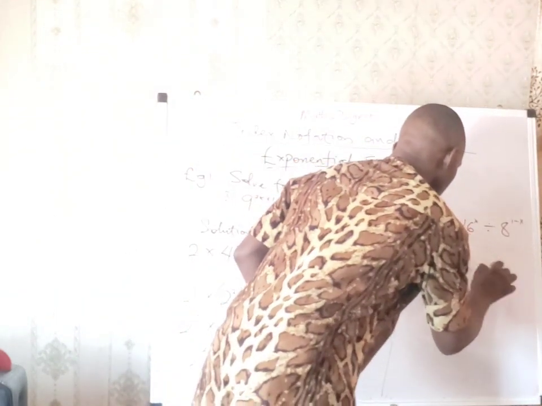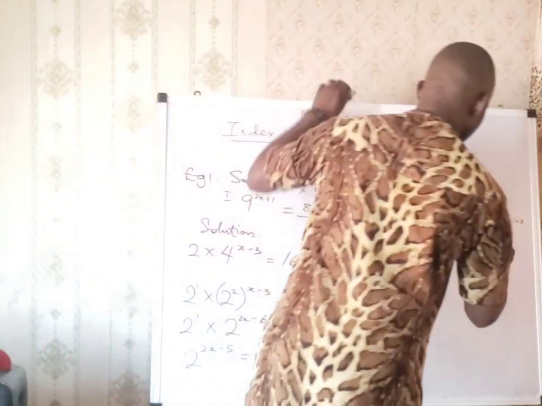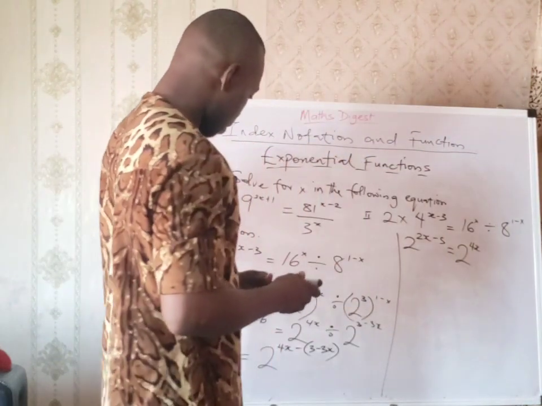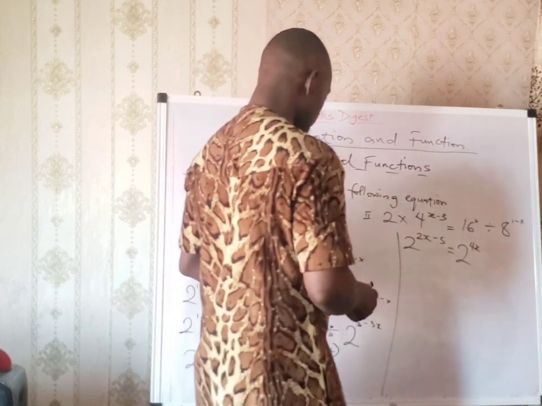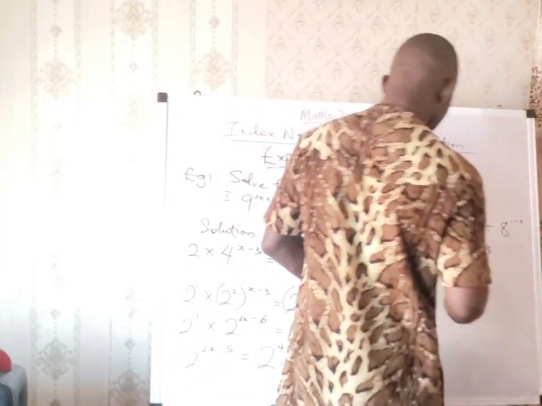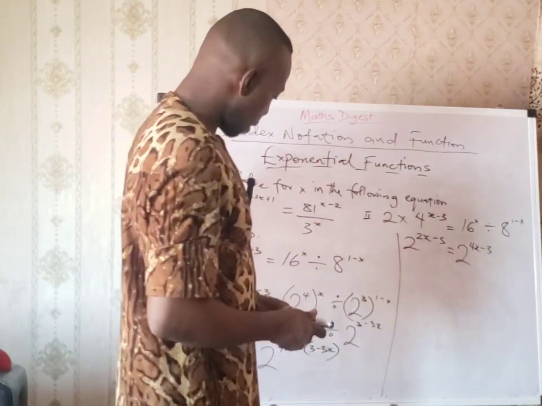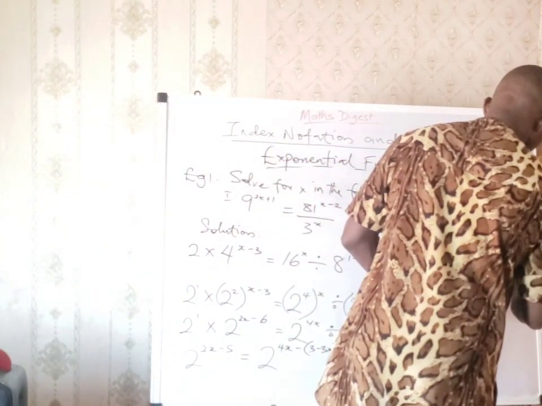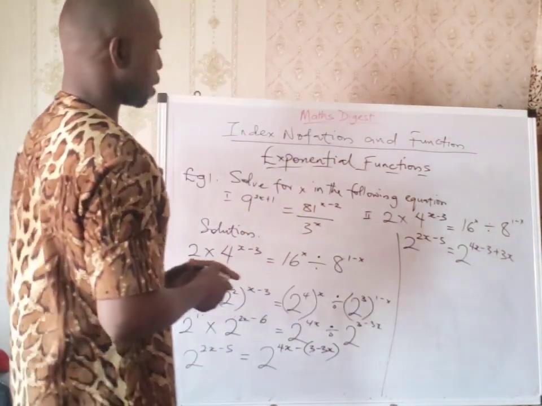2 raised to power. Now we have 4 already. We have 4x rather. Now 4x, this minus times this minus 1 times this, we have minus 3 here. And for this one, we say minus 1 times minus 3x, we have plus 3x. Okay, I believe you understand that.